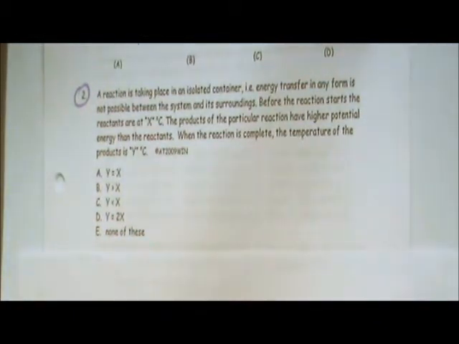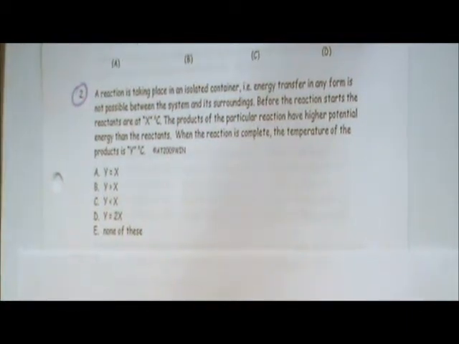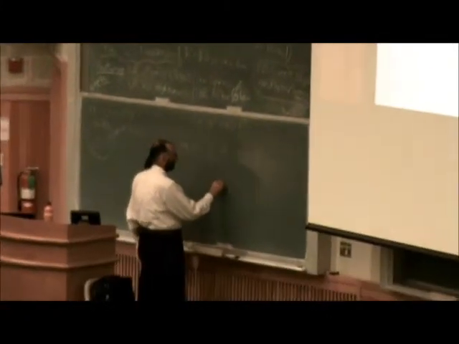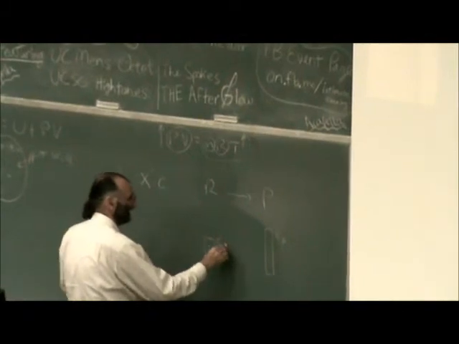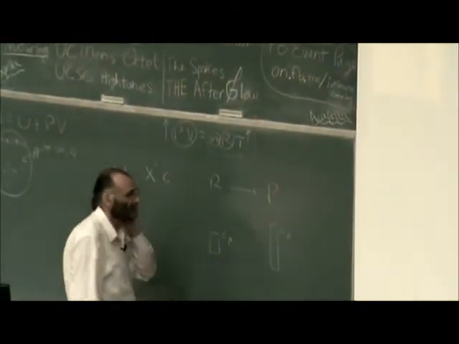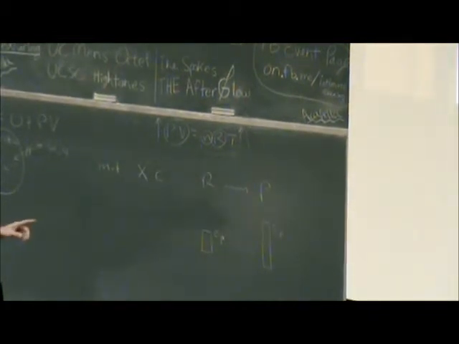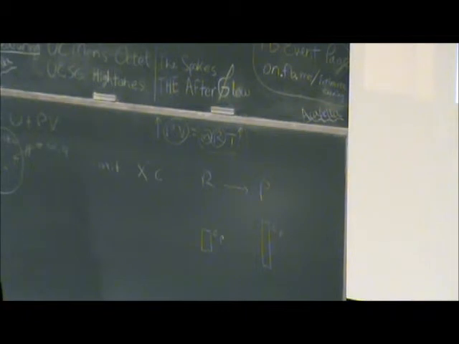So here is reactants, here is products, and let's say this is potential energy, and this is the reactant, this is the product. The problem is telling us the products of a particular reaction have higher potential energy than the reactants.